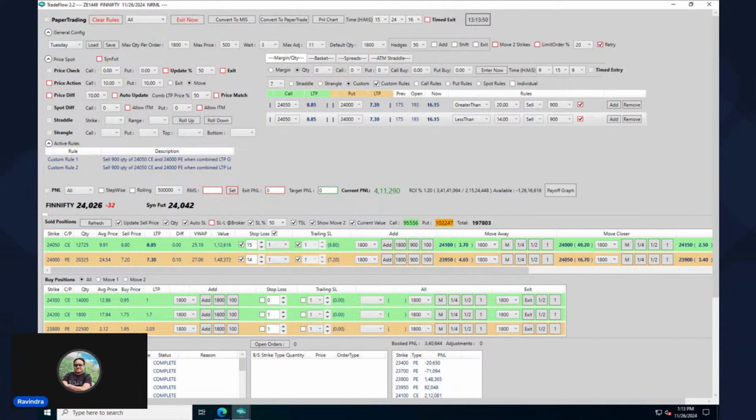Okay, I see one green candle in Insta Options, so I will be a bit careful. All right, so something is happening.